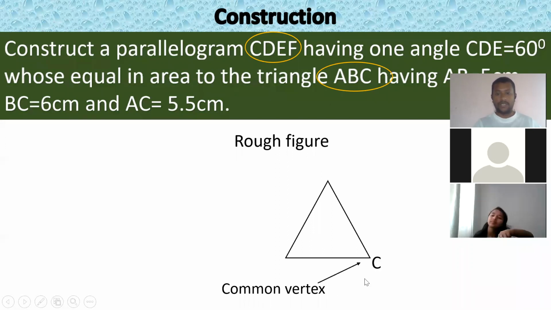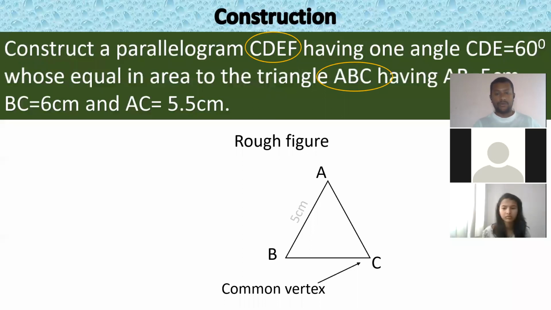So this is the common C, and the others we need to keep in a serial way, ABC, with measurements 5 centimeter, 6 centimeter, and 6 centimeter respectively. AC must be 5.5. I have taken 6, so here I have done a slight error. We can draw this as 6, no problem.